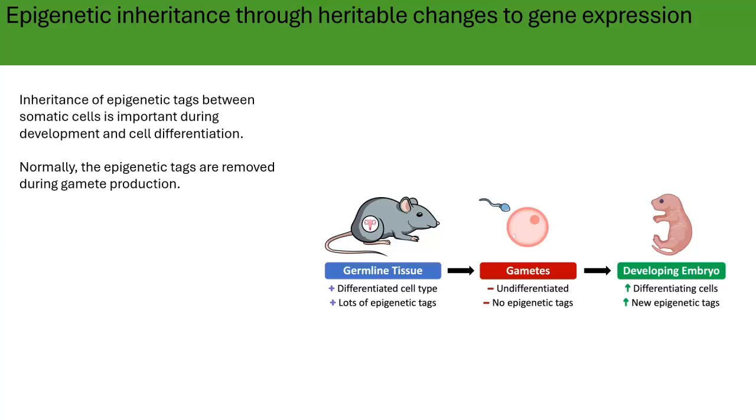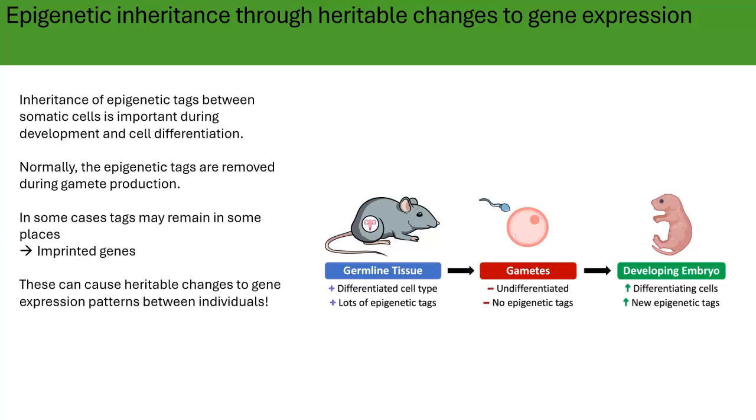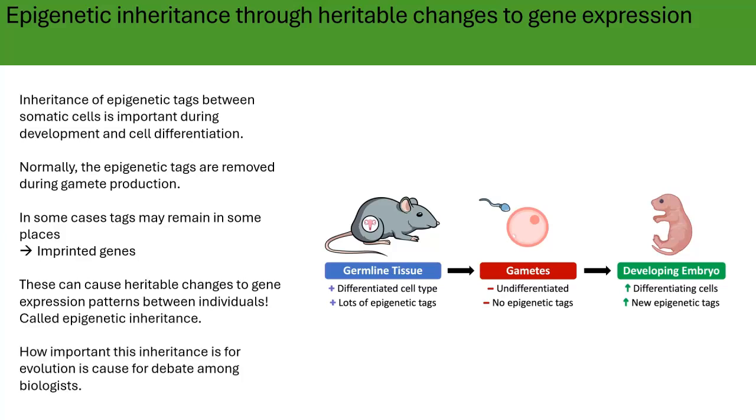But normally when we produce gametes, we remove epigenetic tags. In some cases, some epigenetic tags remain in the produced gametes, and those are called imprinted genes. These can cause heritable changes to gene expression patterns of the offspring. So between individuals, we can get this epigenetic inheritance.